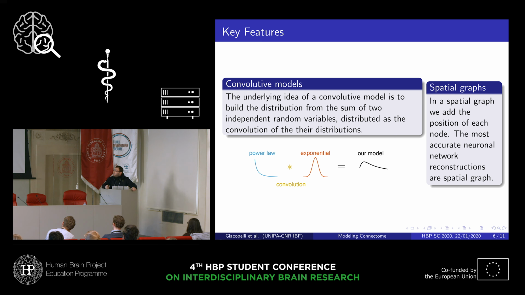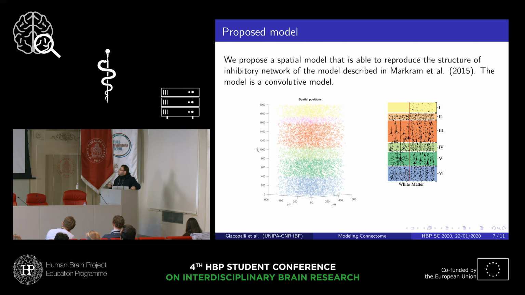However, most of the experimental findings and data-driven models are spatial graphs, so that we have information on the position of nodes. Today we will talk about a convolutive model able to reproduce the inhibitory network calculated by Markram in 2015, which is a data-driven model, so it is a stochastic model, but it's strongly based on data.